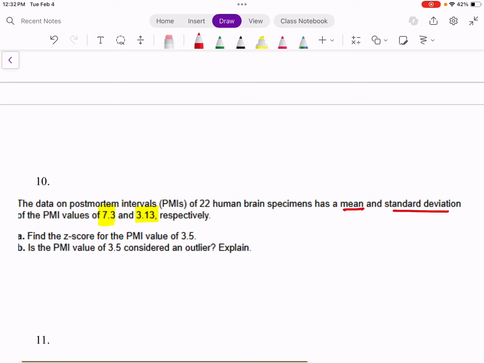Are these the mean and standard deviation of a population or a sample? Sample, right? So we have a sample of 22 human brains. So our X bar is 7.3, and S, the standard deviation of a sample, is 3.13.